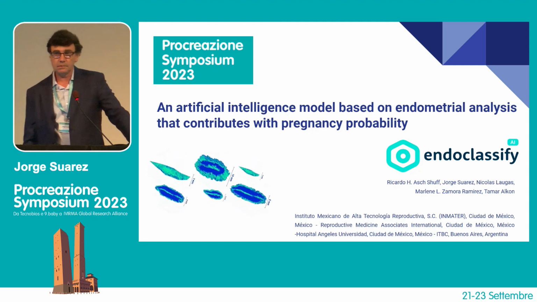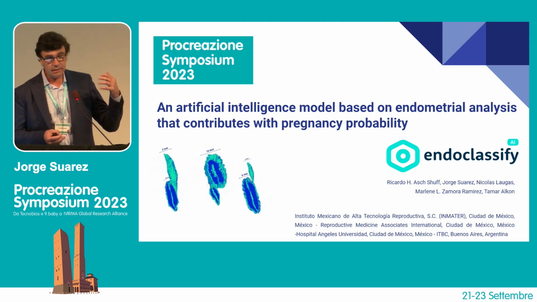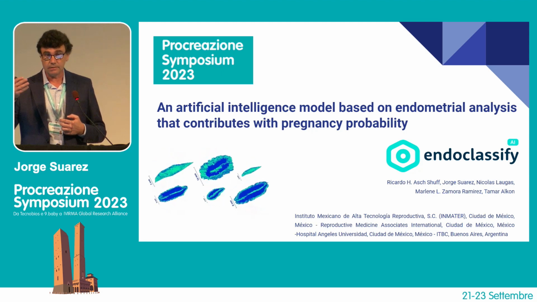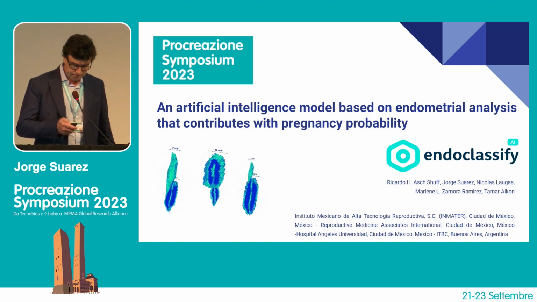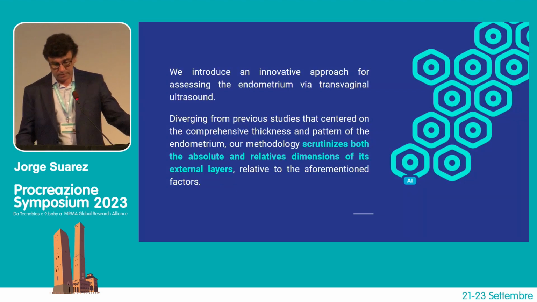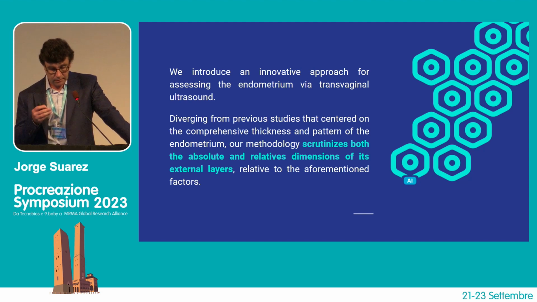And finally, we want to demonstrate the correlation between the clinical research and the outcome of the artificial intelligence model. So we introduce an innovative approach for assessing the endometrial via transvaginal ultrasound.